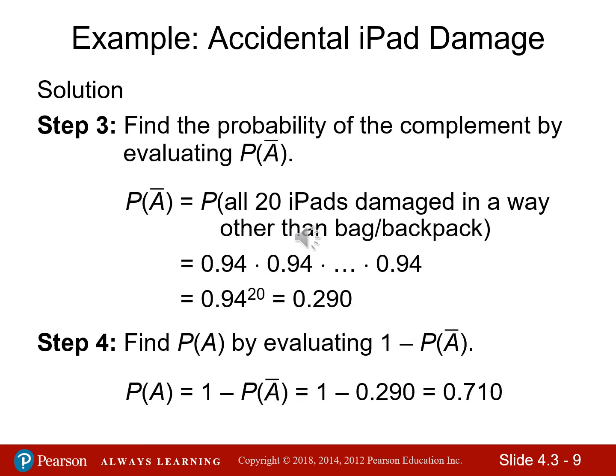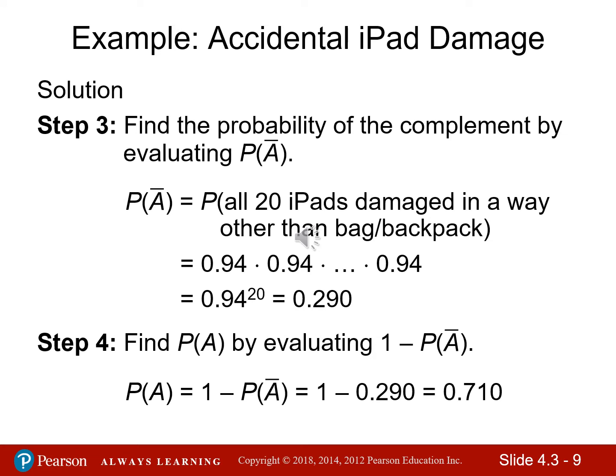Now in step 3, we find the probability of the complement of A by evaluating the probability of A bar. So we say that the probability of A bar is equal to the probability of all 20 iPads being damaged in a way other than a bag or a backpack. Recall that the probability of A is 0.06.